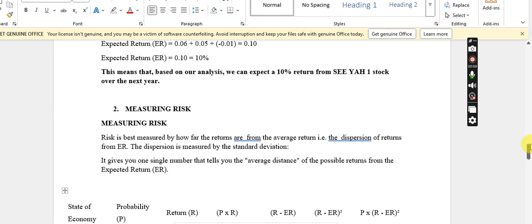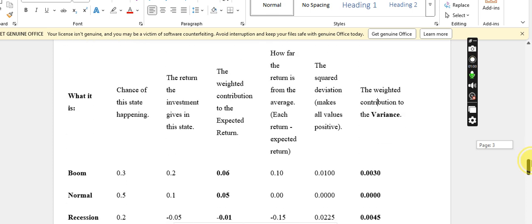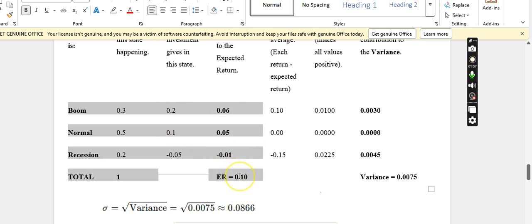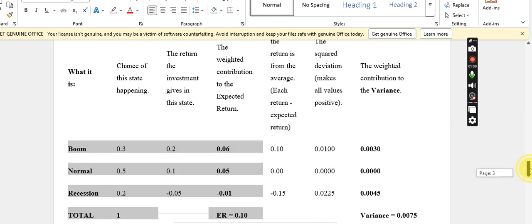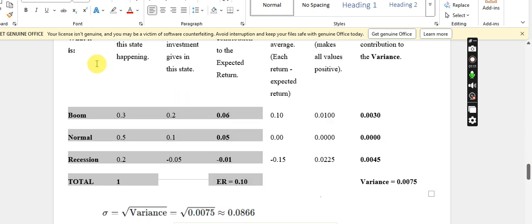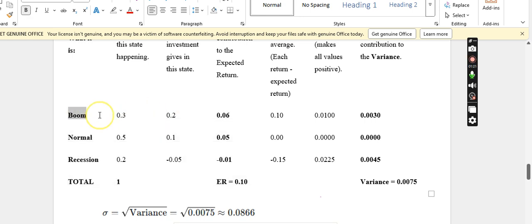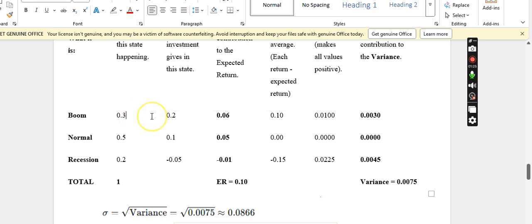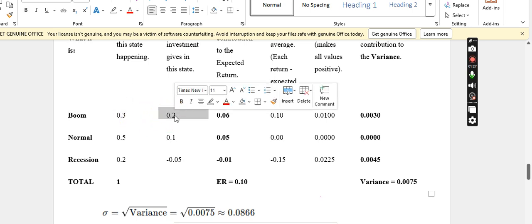So we're still dealing with this company CR1. We've still got this information, which was given to us here. We had the state of the economy, then the probability of the returns at this state. When the economy is at a boom, there's a 30% probability that you make a return of 20%.